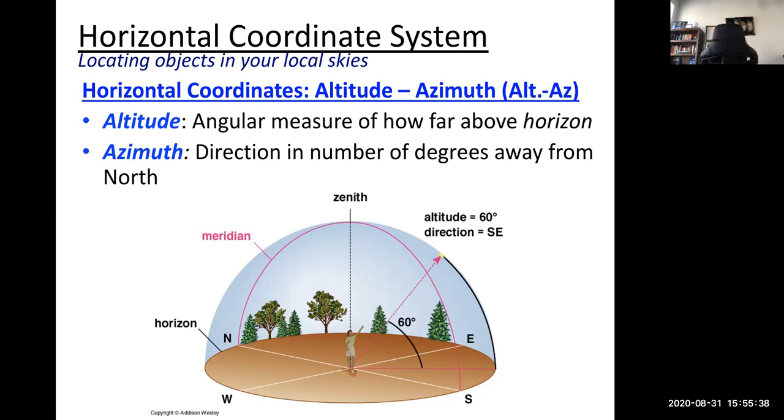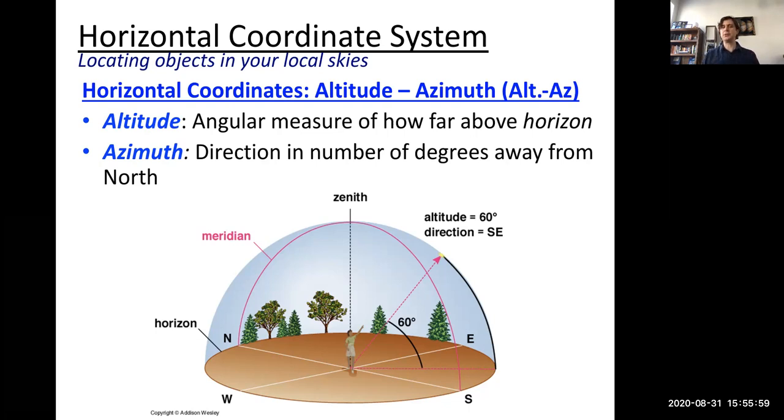South would be azimuth 180. West would be azimuth 270. And then you can spin back to north. You could do that for every single degree and every fraction of a degree. It's just how many degrees you have spun around, spinning to the east from north. Not that bad, just how far do you spin around.